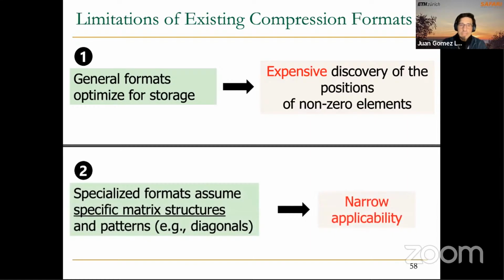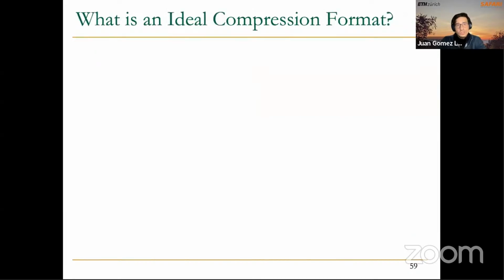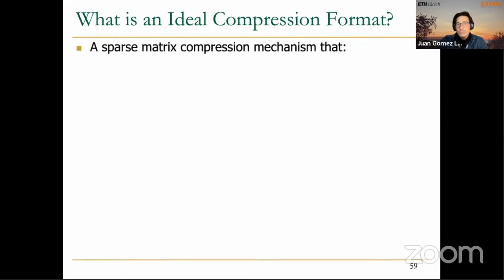And there are some specialized formats, even more specialized, like formats that focus on storing the diagonals, and this way they can be more efficient, but they are also specific to certain matrix structures. So they have narrow applicability, and they are not useful for the general case.